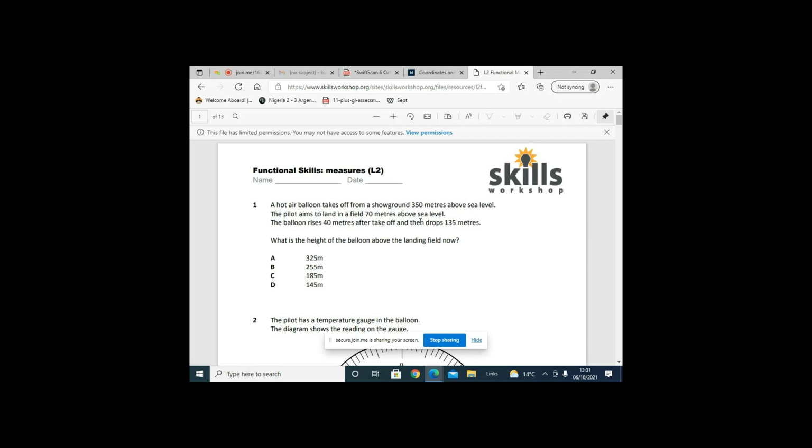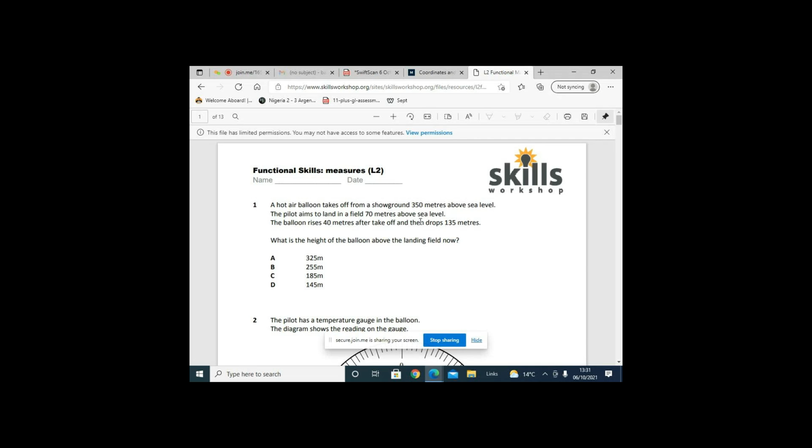Then 40 meters after takeoff means it goes up again by 40. Then it drops 135. So you would have gotten your 255. Then, what is the height of the balloon above the landing field? They are just asking you what the height is at. Yeah, very funny.